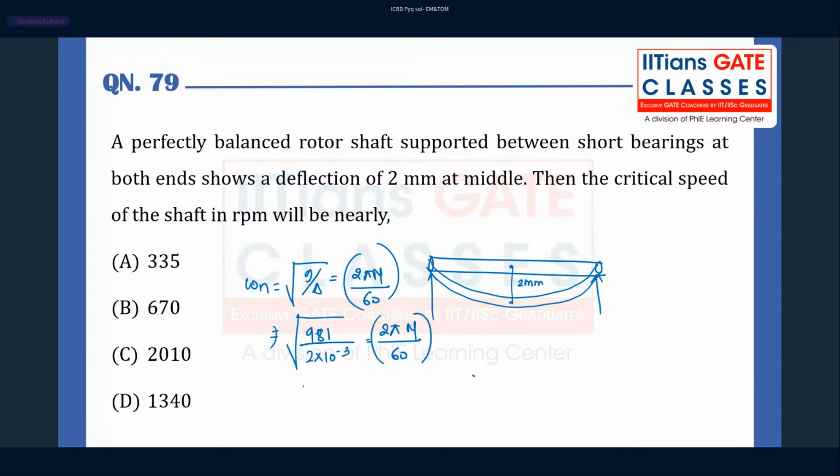So ultimately, if we solve this, 9.81 divided by 2 into 10 raised to the power minus 3 is 70. Multiply by 60 divided by 2 pi gives you n, which is approximately equal to 670 RPM. Hence option B is correct in this case.